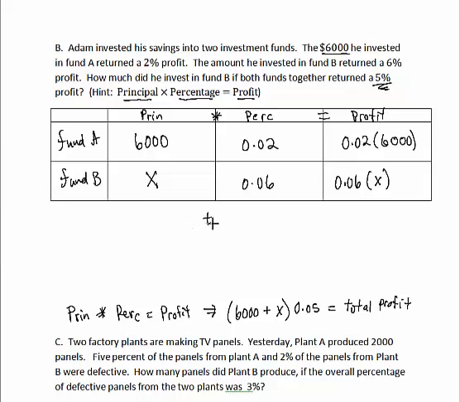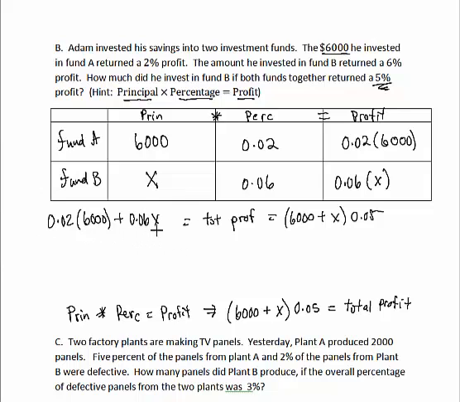So on one hand, total profit equals this expression, and then on the other hand, total profit is 0.02 times 6,000 plus 0.06 times x.